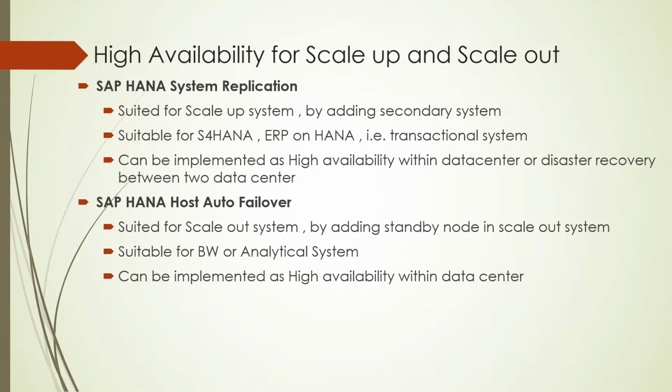So for scale out, we always configure within the data center with the same network latency. Lower latency means good performance; higher latency means bad performance of the HANA system. Latency refers to the network bandwidth. Okay, fine. Any questions till now?